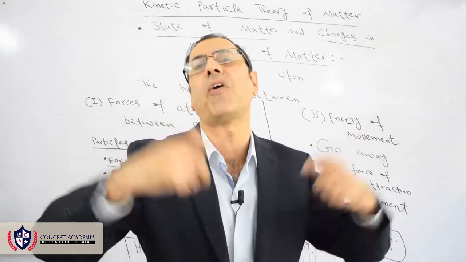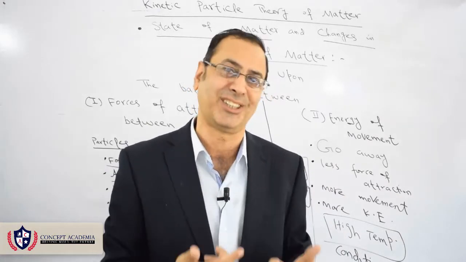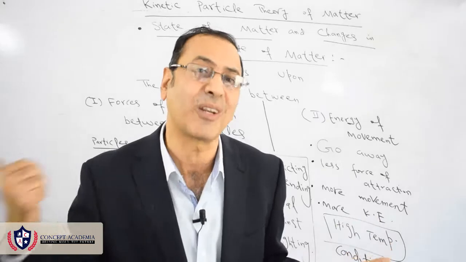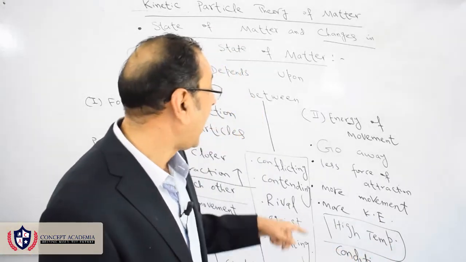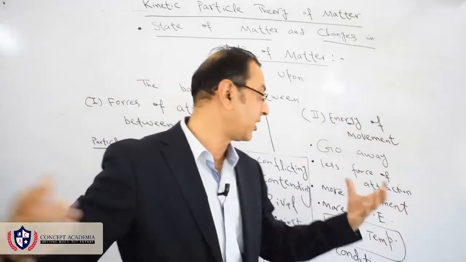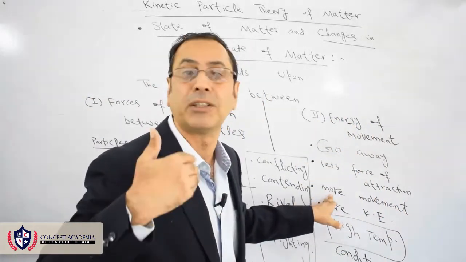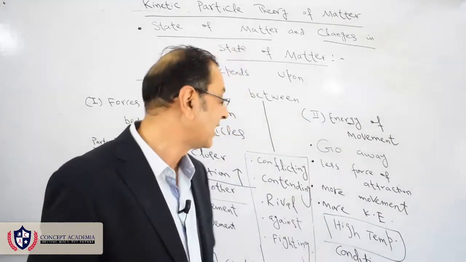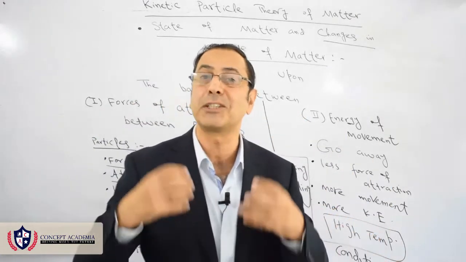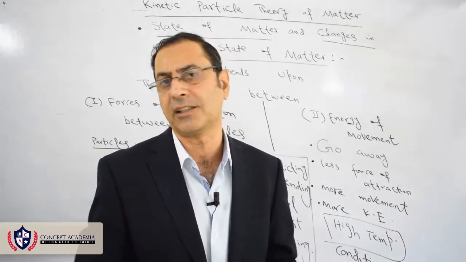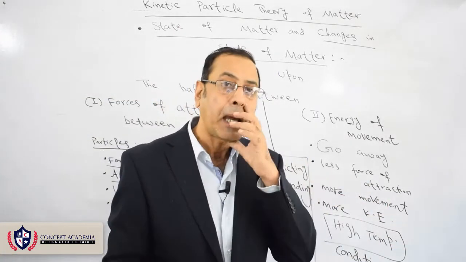When they go so far away, they cannot attract each other as much as in case of solids. I'm talking about relatively. They have a lot of energy, they show more movement, and of course when there is more movement, movement is always related with kinetic energy, more kinetic energy.